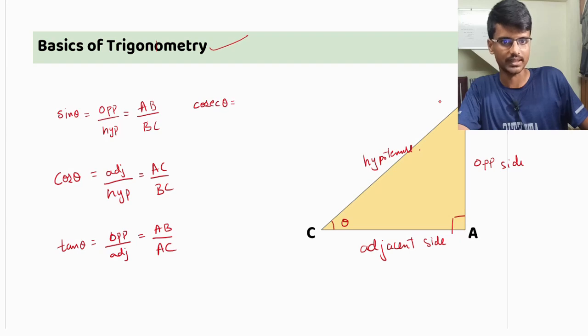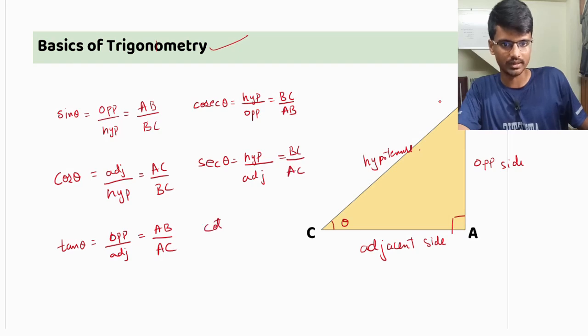Next, we have cosec theta. Cosec theta is defined as hypotenuse by opposite side. What is my hypotenuse? BC by AB. And sec theta, similarly, is hypotenuse by adjacent, which is nothing but BC by AC. Then we have cot theta, which is adjacent by opposite side.